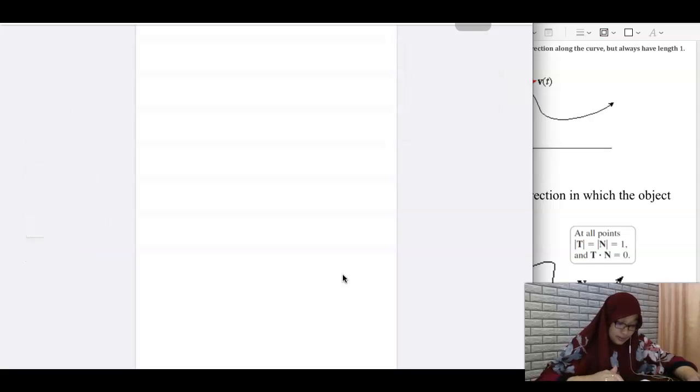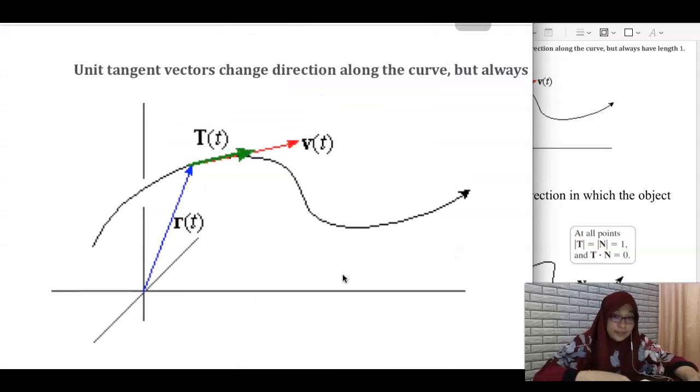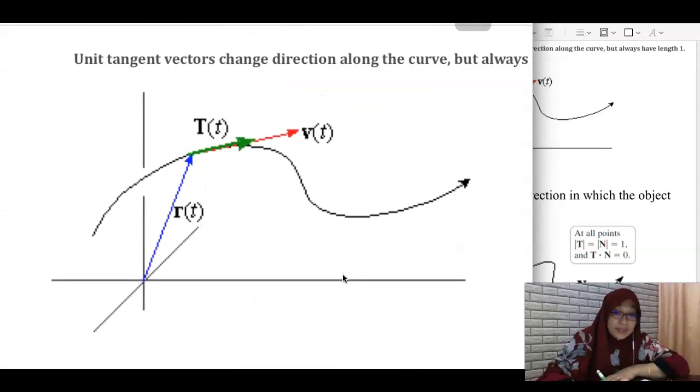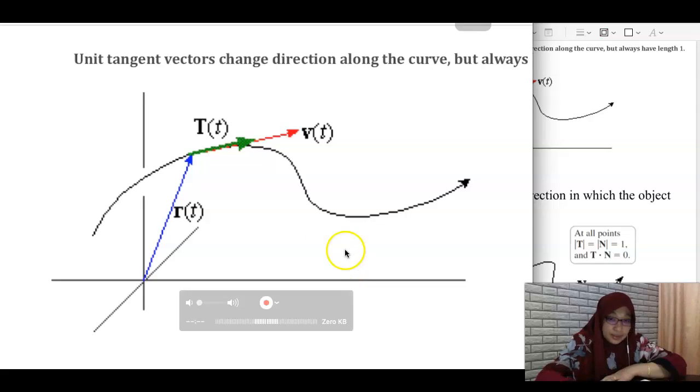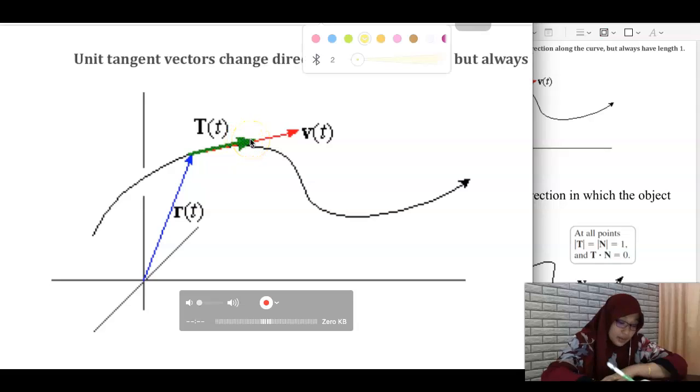Remember, from the beginning of the vector functions, I shared with you that the curve in space is just like a particle moving along this curve, and it should have a direction. So let me use this diagram.